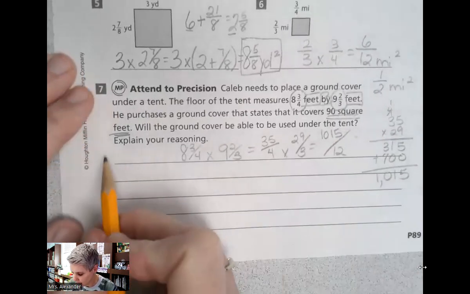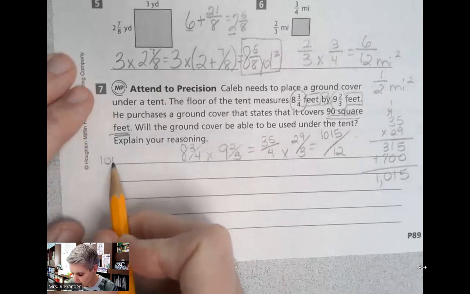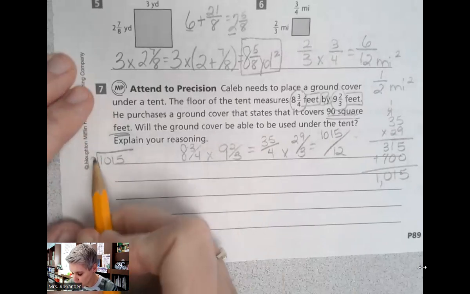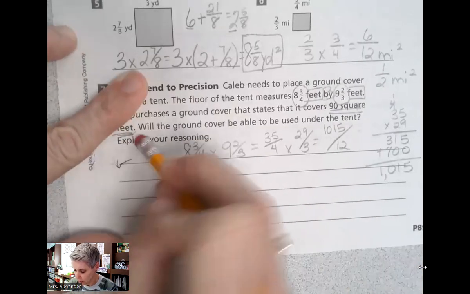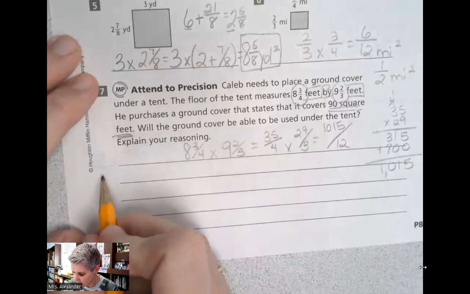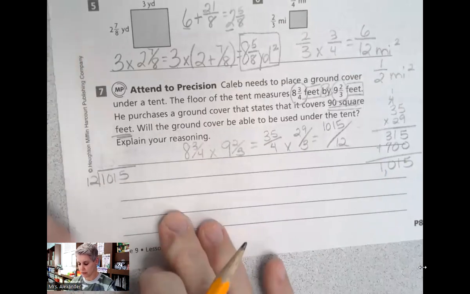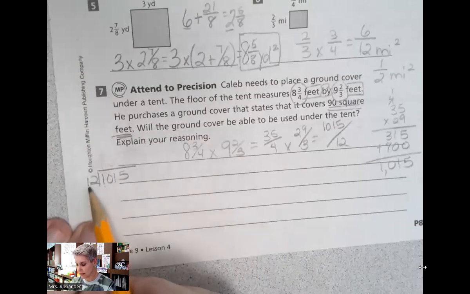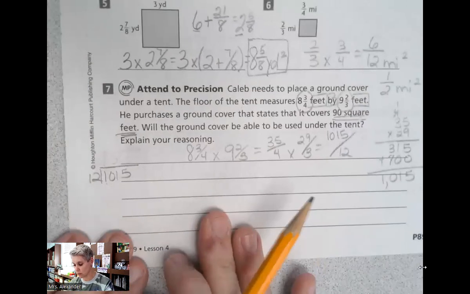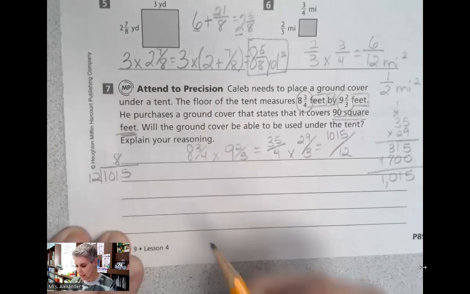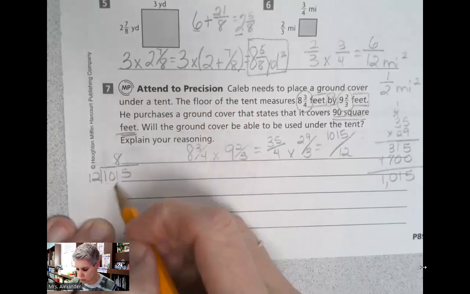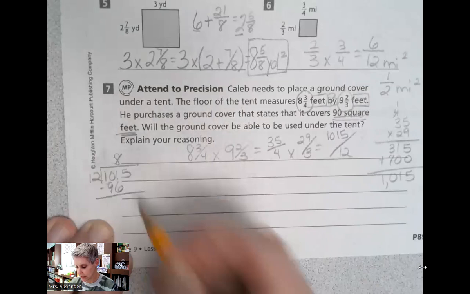Let's see where I can find some room. 1,015 divided by 12. I'm going to move down a little bit. 1,015 divided by 12. 12 can't go into 1. It can't go into 10. It's going to go into 101. I'm going to guess and check. 8 times 12 gives me 96.